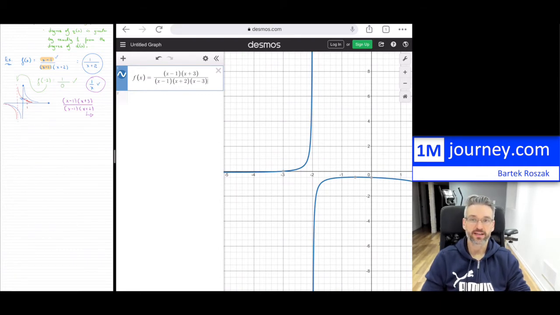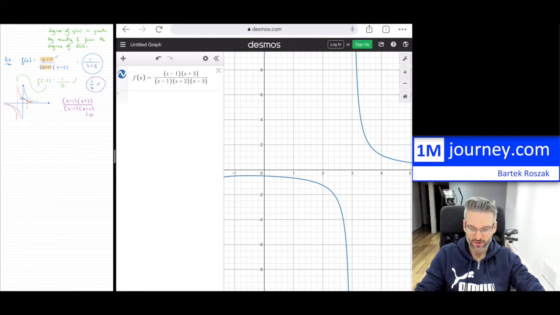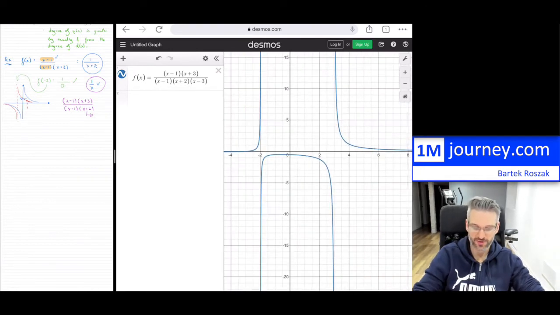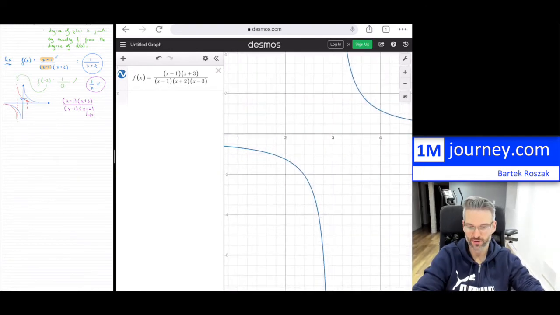We have 1 at negative 2, so we have an asymptote there, which we see on the screen, but we don't see another one. Notice this is going to be at 3. Based on what we just stated, there should be another vertical asymptote there. And indeed, if I go in here, this is exactly what's going to happen. So I have another vertical asymptote at 3.